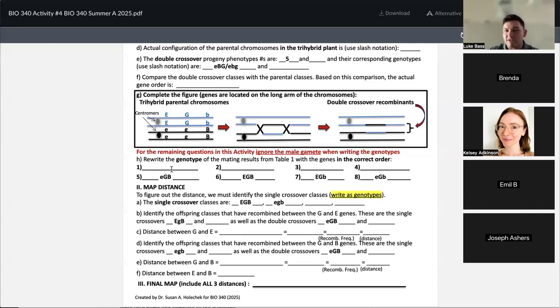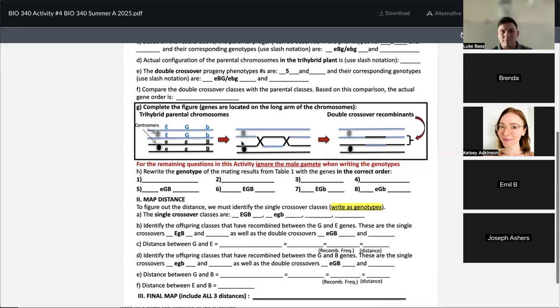So now that you have the parental progeny, the way to find the middle gene is to look at the double crossover progeny phenotypes or genotypes. I think you already mentioned those are numbers 5 and 4, because they have the lowest number of progeny. Does it make sense why it's supposed to be the lowest number?